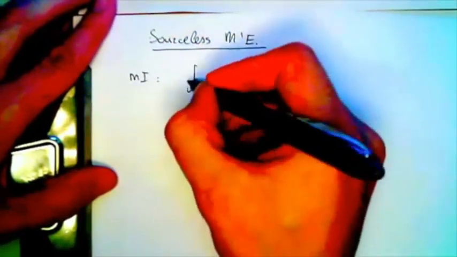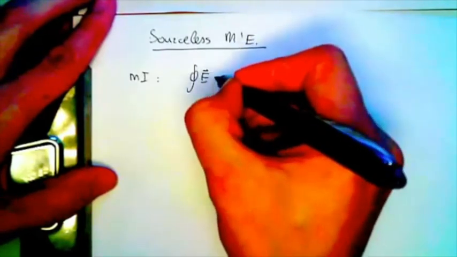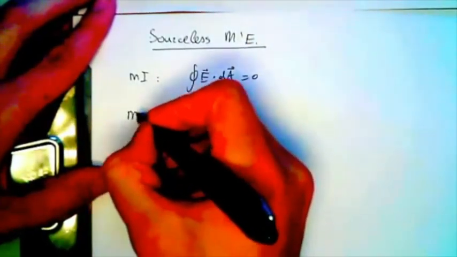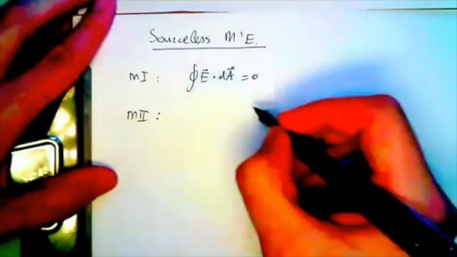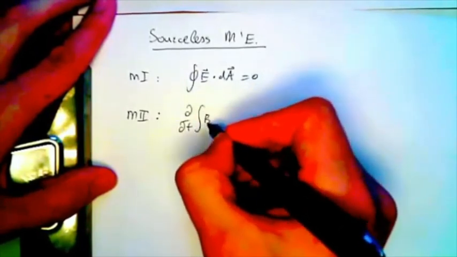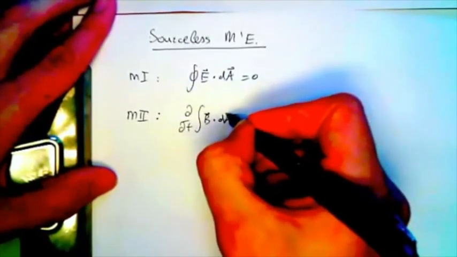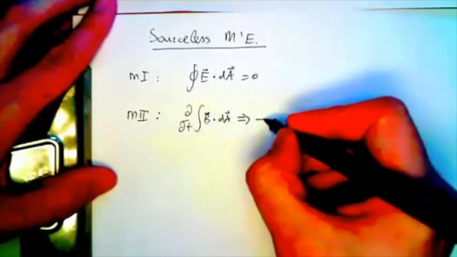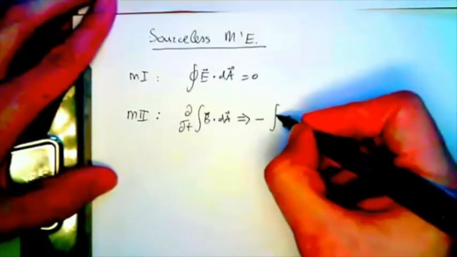So Maxwell 1, that one we don't have to worry about because that's 0. Maxwell 2, we have the DDT of BDA creates minus EDL.